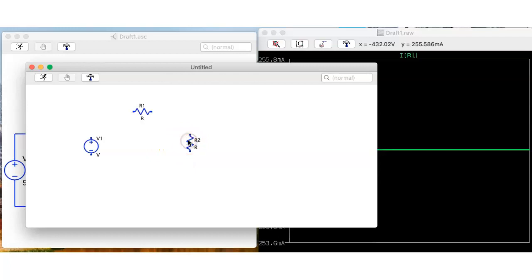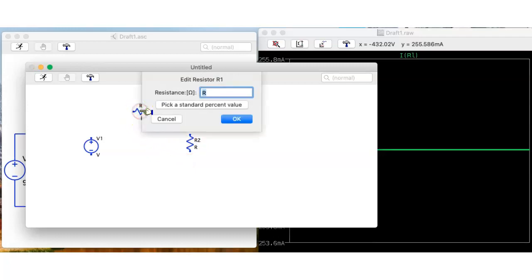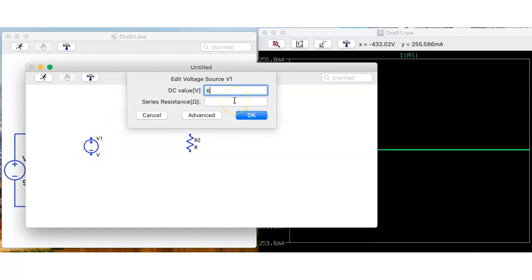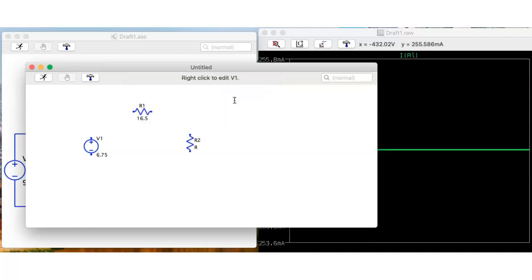This is the load resistance, and let's change the name of this resistance. RTH is 16.5 and voltage VTH is 6.75.